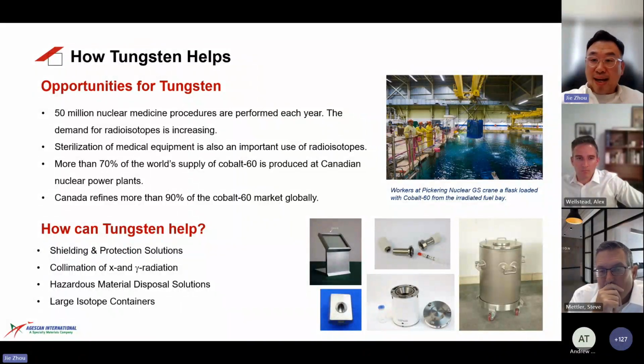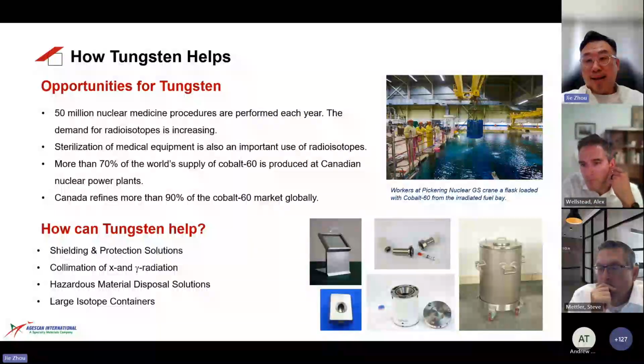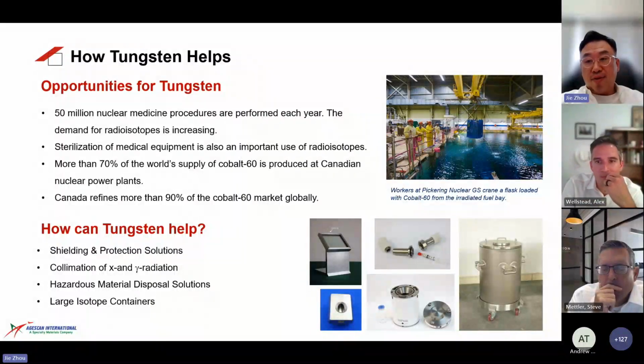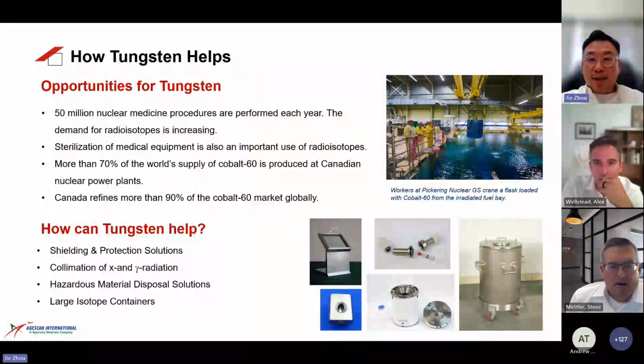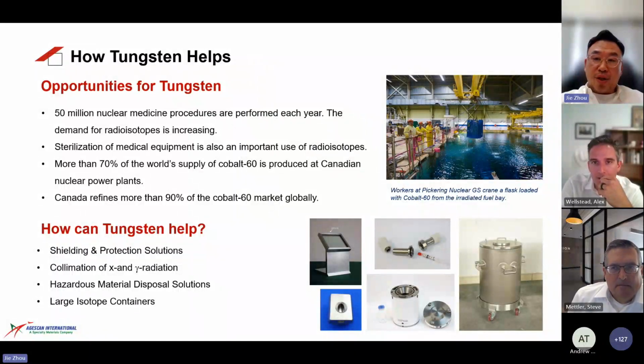The absorption behavior of tungsten alloy for high energy electromagnetic radiation is derived from the high linear absorption coefficient of the principal tungsten phase. These alloys are excellent materials for the shielding and collimation of X and gamma radiation due to their combination of radiographic density, machinability, strength, and low toxicity.